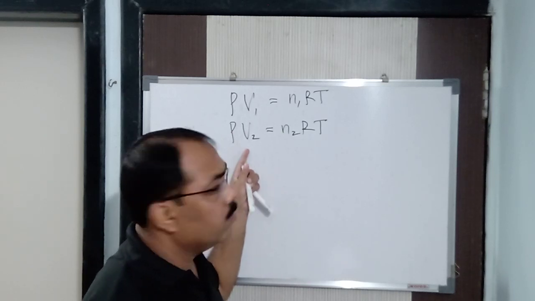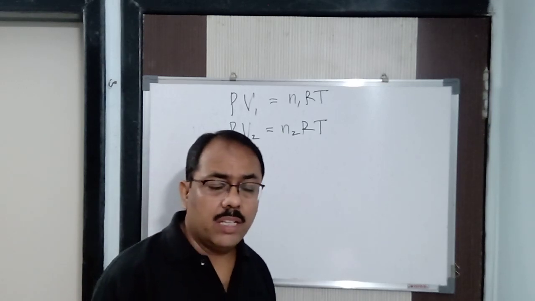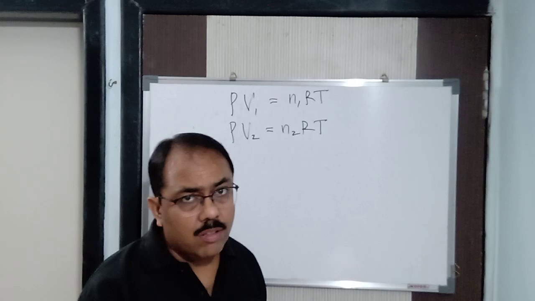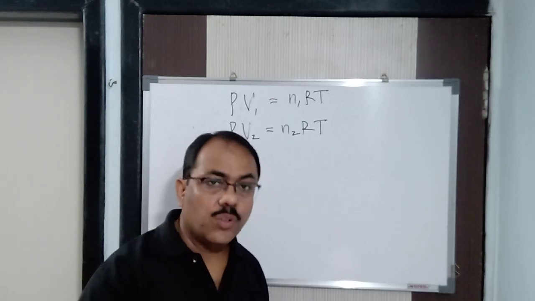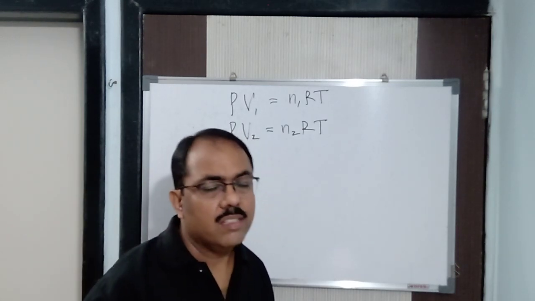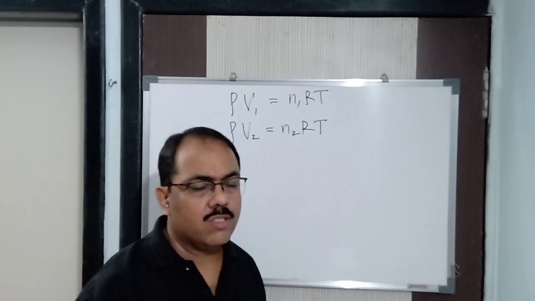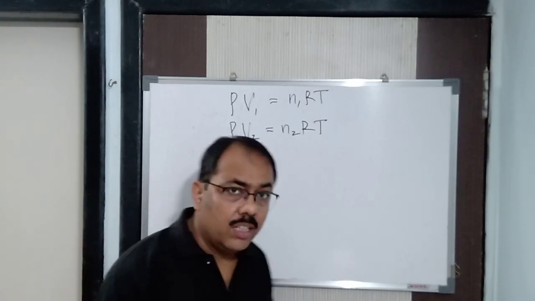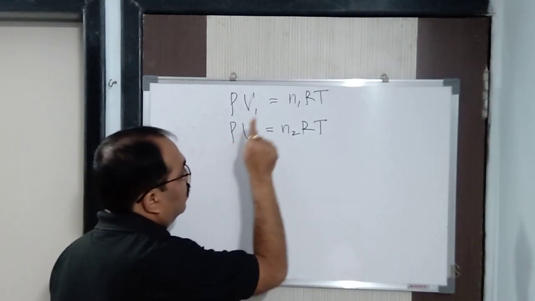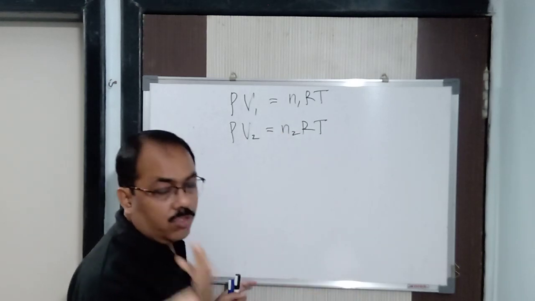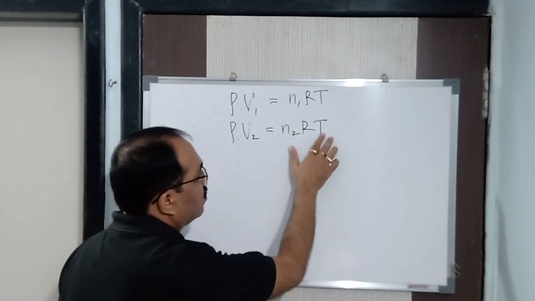If it is constant volume, V1 and V2 remain constant, then the work done will be 0. Then how will you calculate it? So hence I took the condition as an ideal gas. Here I am considering the pressure is constant, R the universal gas constant of course is constant, and temperature also is constant, so to say.